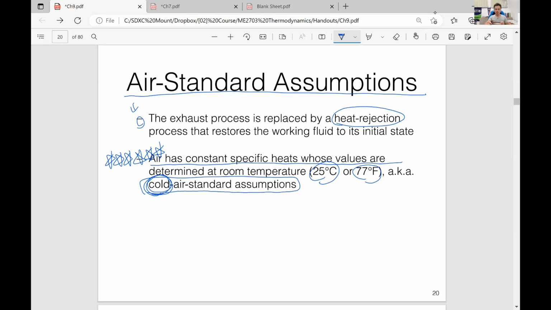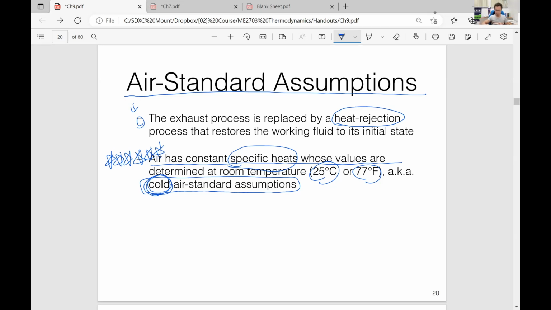The only difference is whether you can assume constant specific heat or not. In cold air standard assumption, you can do that.